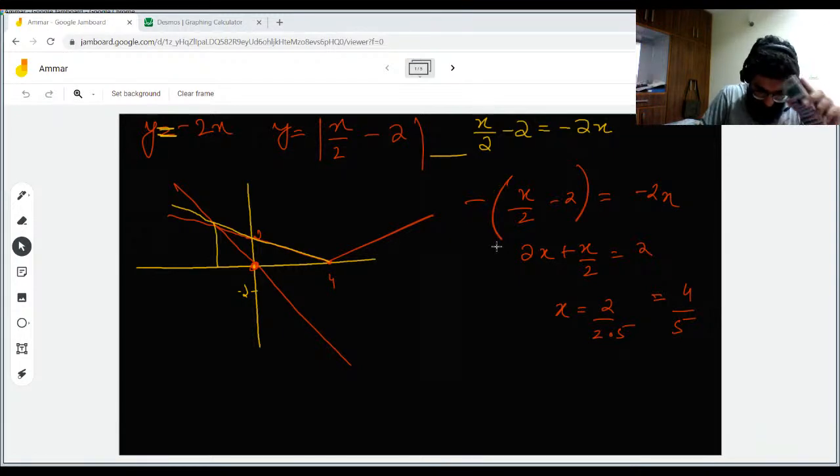So minus x by 2 minus 2 is equal to minus 2x. Then we have got 2x minus x by 2 equal to minus 2. 2x minus half is 1.5x. So x will be equal to minus 2 divided by 1.5, which is minus 4 by 3. So this is minus 4 by 3.